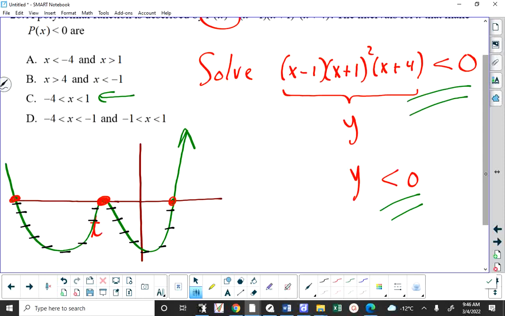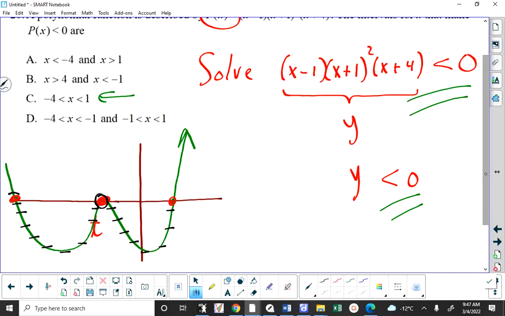Why is it incorrect to say it's negative everywhere from negative 4 to 1, Marcel? Right, when it's 0, it's not negative. And by the way, when I say it, I mean y. So y is negative everywhere here, except y is not negative here.